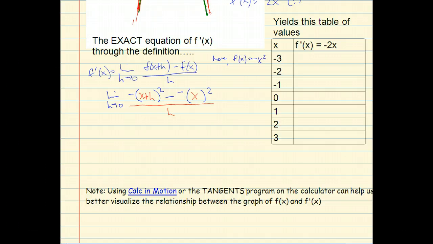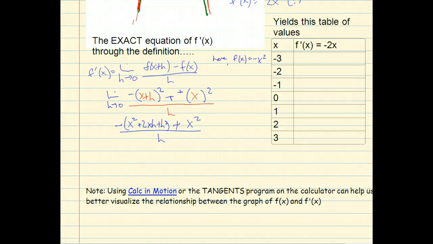Alright, so now we just have to be really careful with our algebra and make sure we do it all correctly. So we have negative, I'm going to leave that there. Don't kill any bunnies or kittens or puppies, so we have x squared plus 2xh plus h squared. Two negatives are going to make a positive, and then we're going to have x squared all over h.